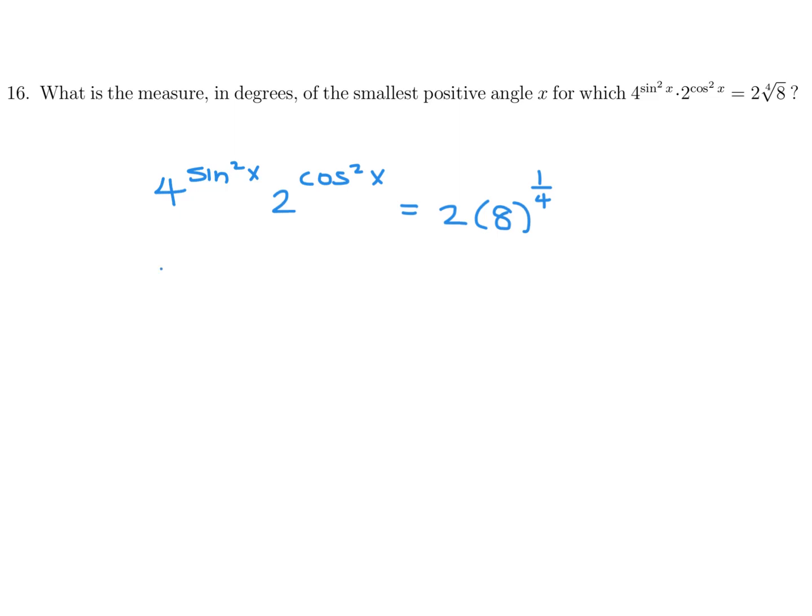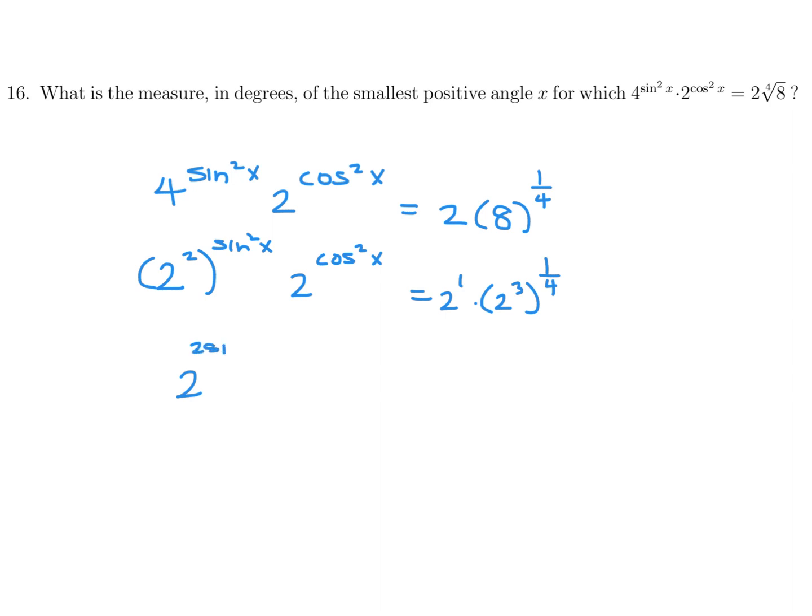All right, so let's try to make this all the same. So I'll convert that 4 to 2 squared. And then this is already a 2. And then this is 2 to the power 1. 8 is 2 to the power 3. So I think I've got them all in powers of 2. Now let's combine them using exponent laws.